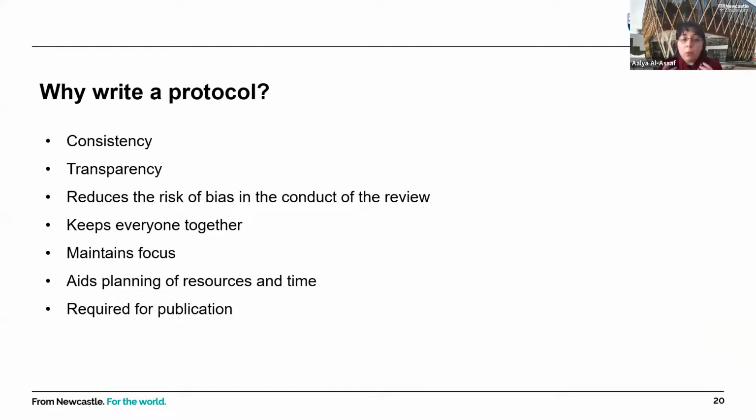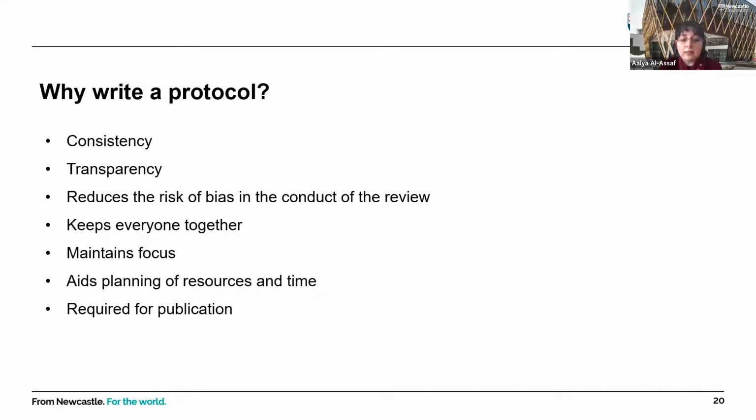Could we move to the next slide, please? Okay, so why do we need a protocol? This is for the purpose of consistency and transparency, and also to reduce the risk of bias in the conduct of systematic reviews, and to keep everyone together, because when the systematic review involves more than one person, everyone would need to refer to the protocol and follow the information in it in conducting their systematic review, and it maintains the focus.